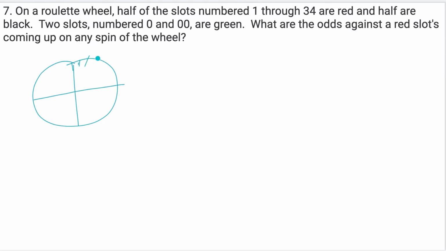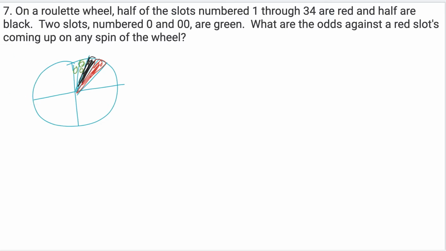Let's suppose you alternate the color, black and red, black and red. However, these 2 slots are green, with 0 and 00.